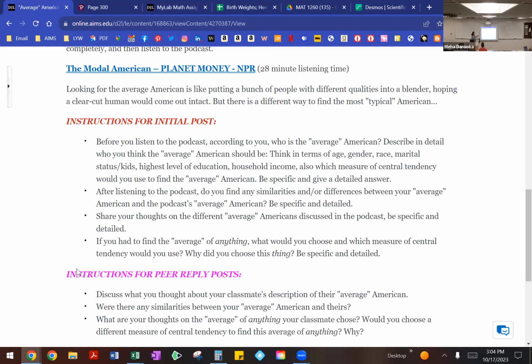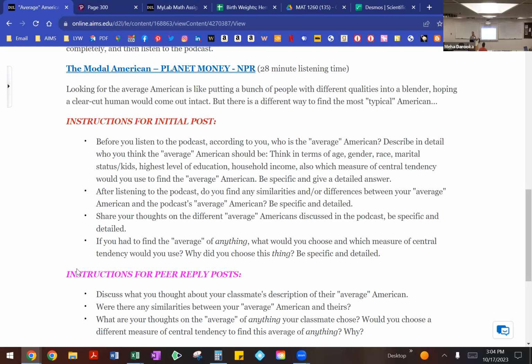And then the last part is asking you, if you had to find the average of anything, anything that you would be interested in, how many hours people do something, or how much people eat or sleep or drink or whatever it may be, what would you want to find the average of? And again, what measurement? So those three would be the questions you would answer.